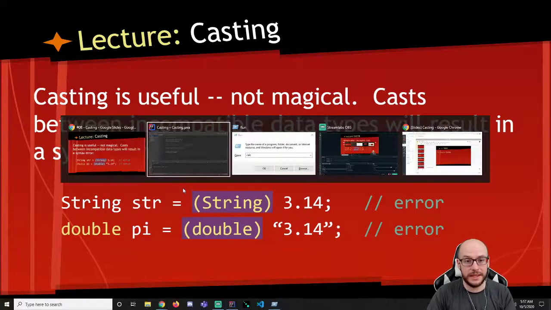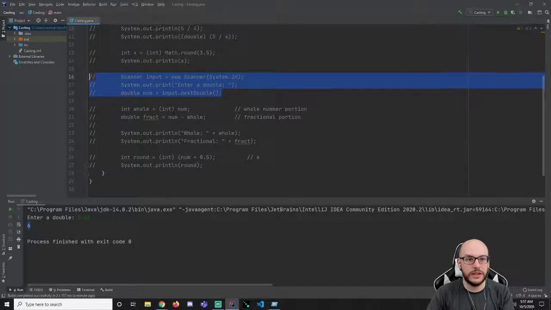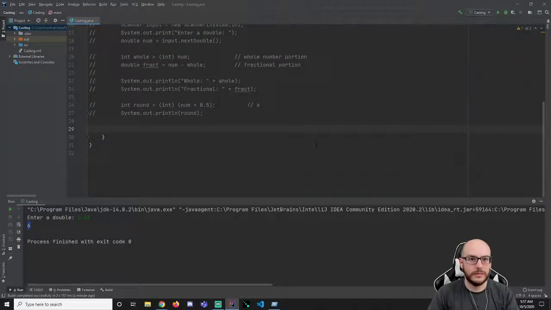Now, that being said, one easy way that I may have taught you to basically convert a string into a double is to basically do concatenation, right? So if I just try to save 3.14 into this, it doesn't work. If I try to cast it like a string, that doesn't work.